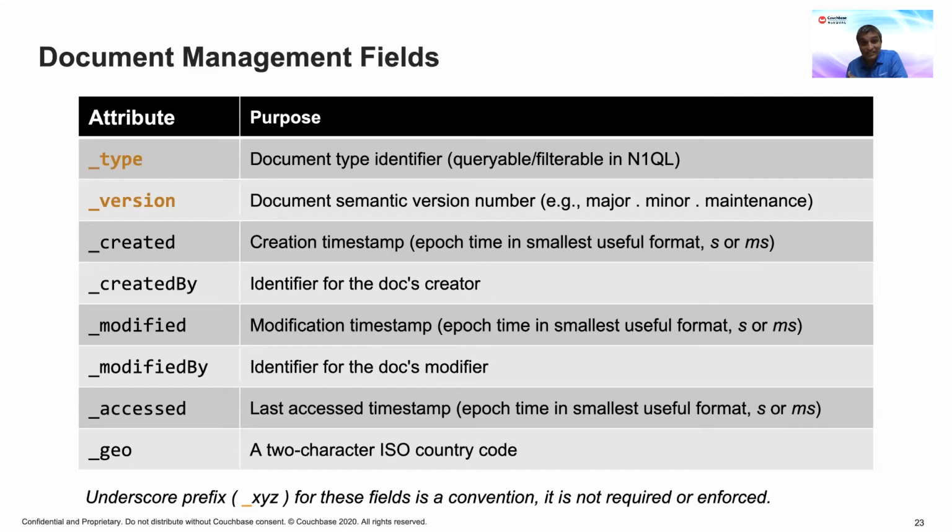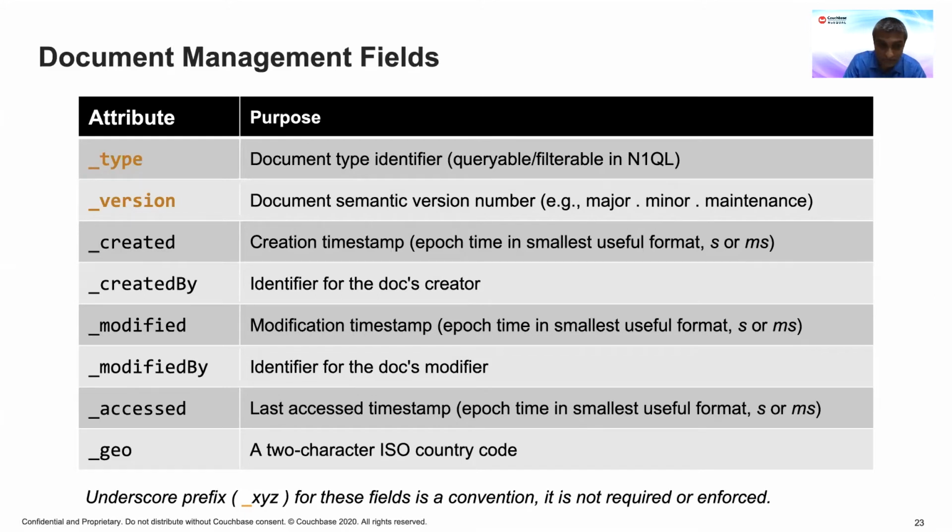I can restore only the documents where underscore modified is greater than this date. So I'm making my application behave the way I want by having these fields for the management of my application. This may not be needed by the application itself, but for the management of my application, I might need that.